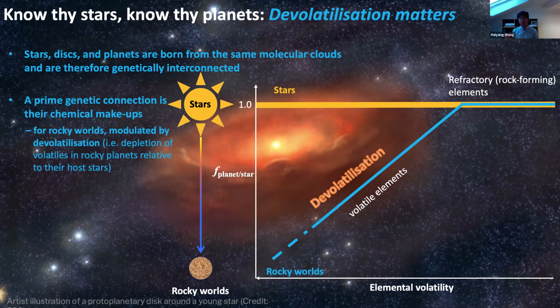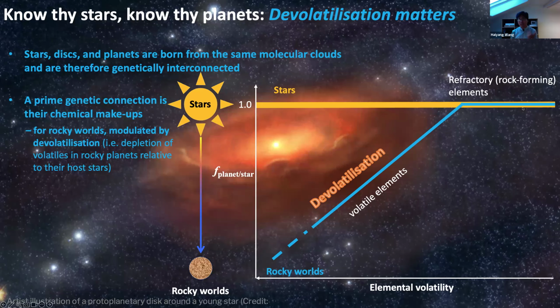That's potentially influenced by the so-called devolatilization process, which is the depletion of volatiles in rocky planets relative to the host star. This has been understood with solar system data over the past decades.